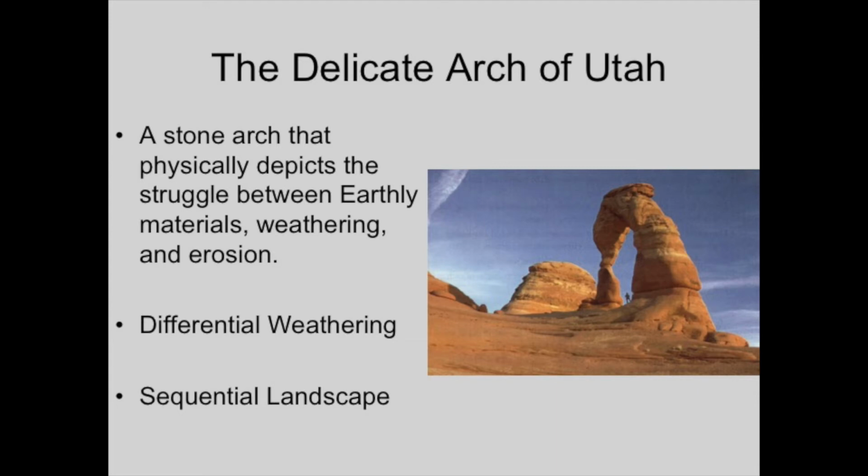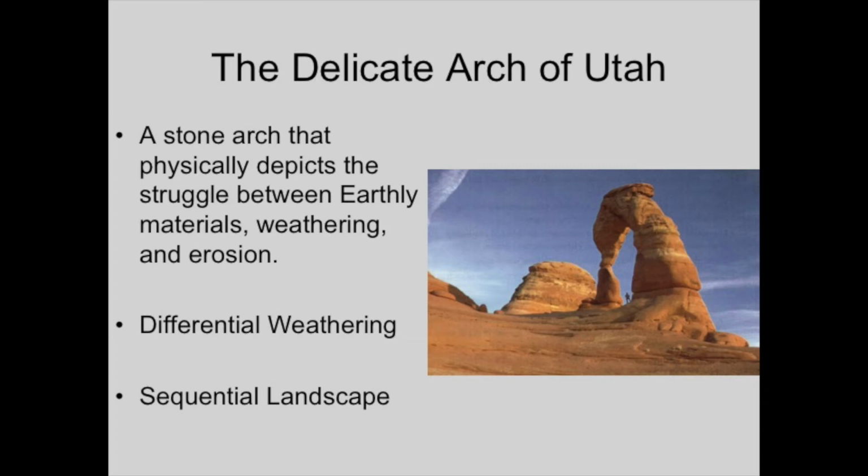In this case, we're given an excellent example of differential weathering in the sculpting of the landform itself. Different layers of composition having to do with the landform and the landscape that surrounds it will weather at different rates.